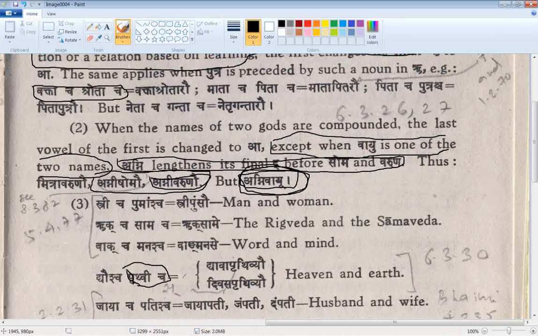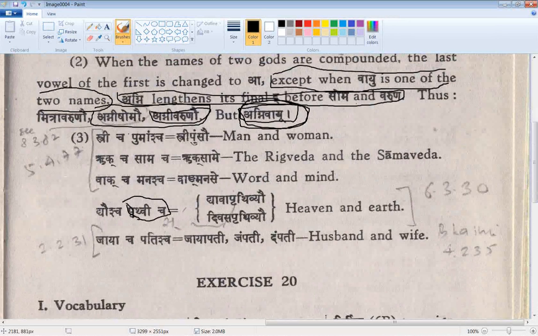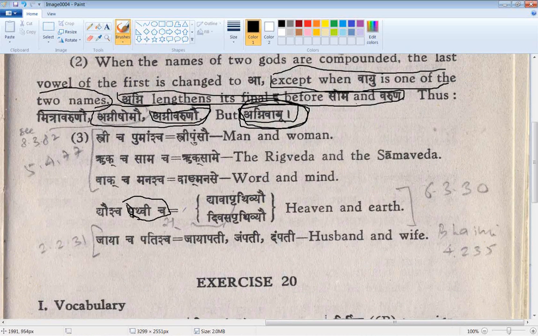Now the next three are from the same sutram. Stri cha Pumascha Stri Pumsau, Ruk cha Sama cha Ruk Same, and Vak cha Manas cha Vang Manase are basically from the same sutram 5477, which you already saw.